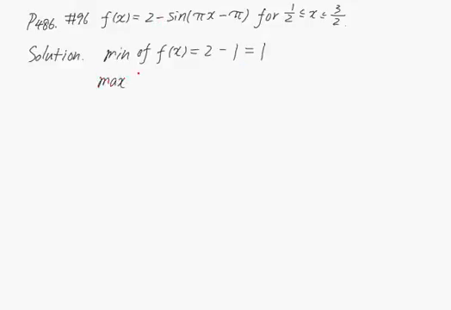And when the sine takes the minimum, then f of x takes the maximum. So the maximum of f of x is equal to 2 minus -1. So that is 3. So we get the range of this f, that is a closed interval from 1 to 3.